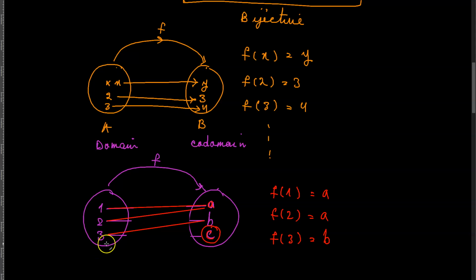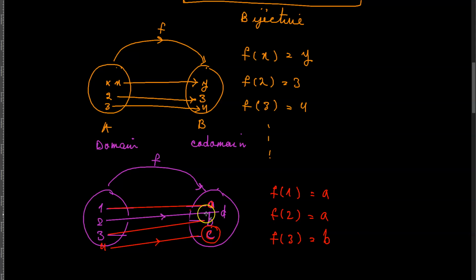Which means that I need to have some element here, 4, for example, which is mapped to C. Then every element is covered here. And of course then I need another element here for 2, so I can put some D over here and map 2 to D.